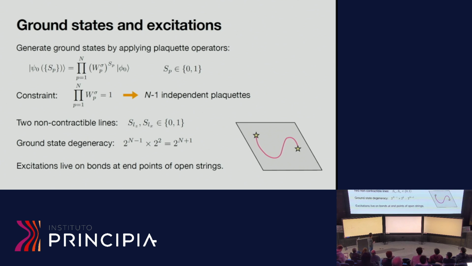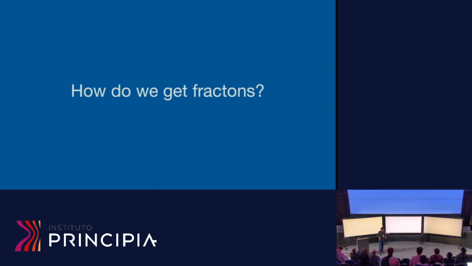And you also can convince yourself that if you create these string-like operators, like open strings, you're going to get excitations, which are bonds that violate the constraint at the ends of these open strings. And these strings I can deform in any way by applying the plaquette operators. So far, no fractons in this model.